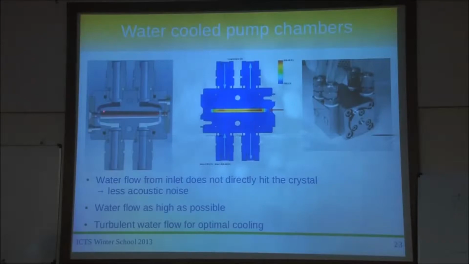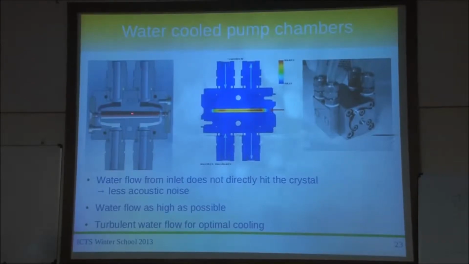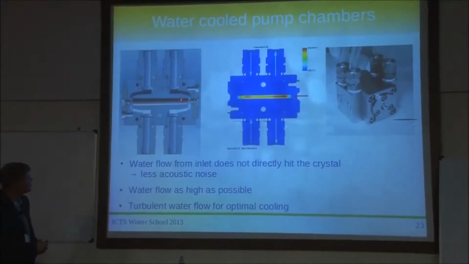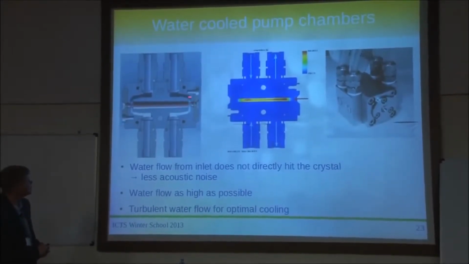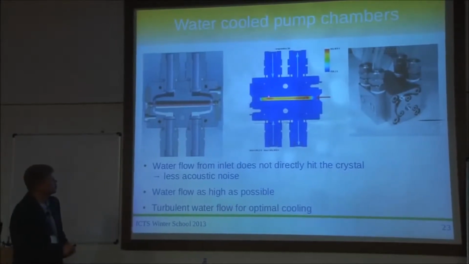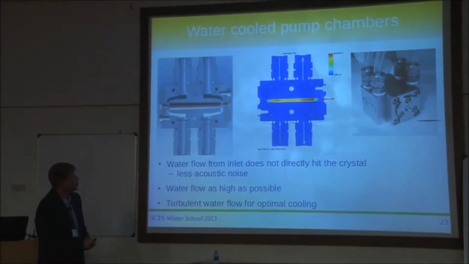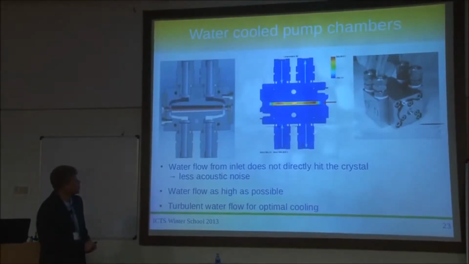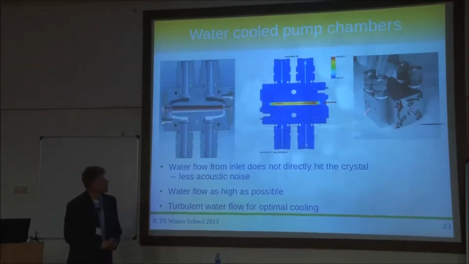And if you look carefully, then you can see that this shape here is a bit conical, so the water adds some speed, so it's fastest where the pump light comes in, and that leads to a rather homogeneous temperature distribution. So here's the simulation of how the temperature might look on the barrel of the crystal, and it's more or less homogeneous, not perfect. So, that's how that thing looks like.